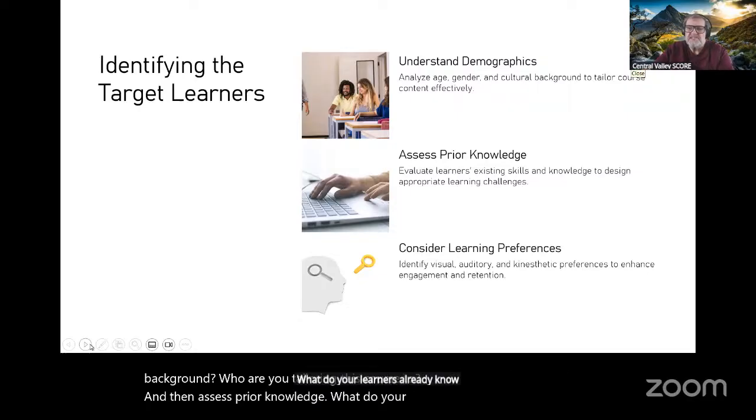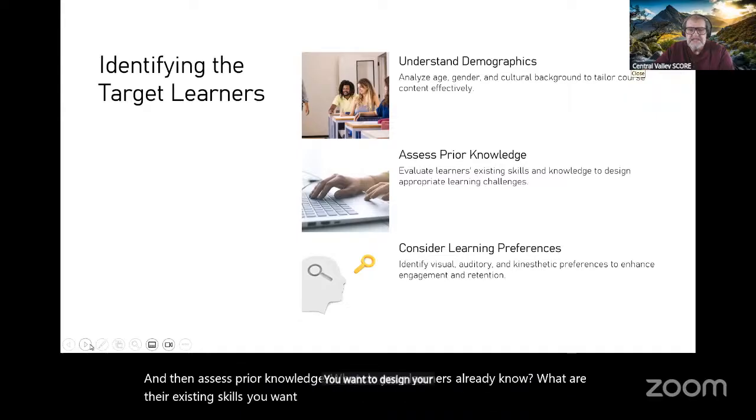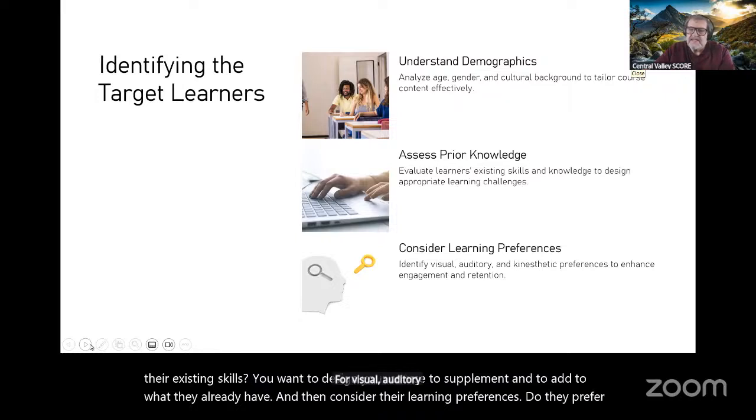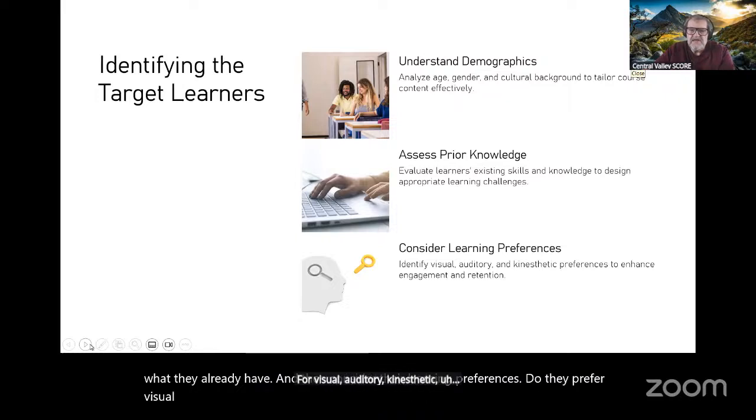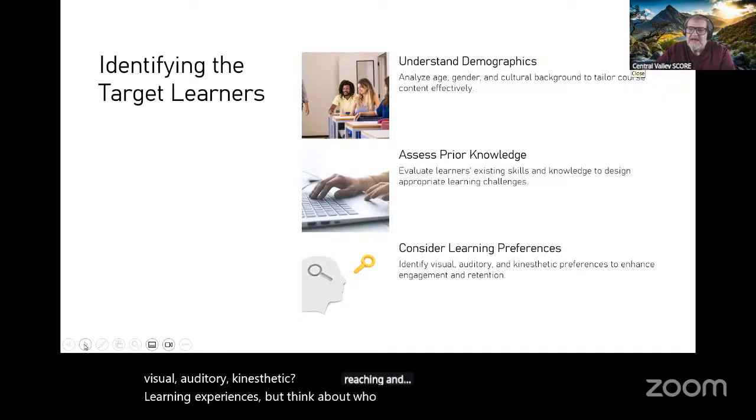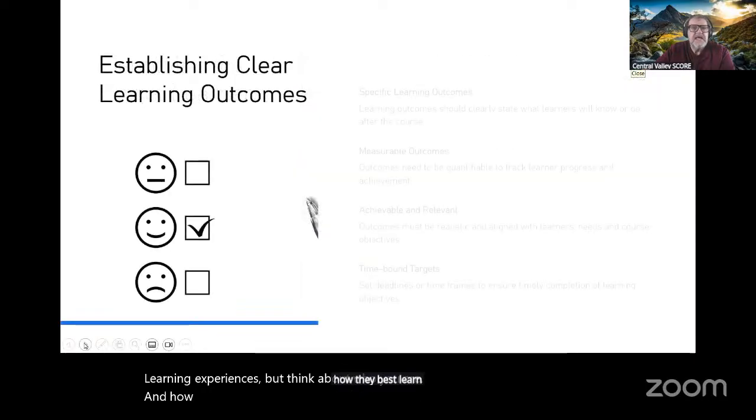What are their existing skills? You want to design your course to supplement and to add to what they already have. And then consider their learning preferences. Do they prefer visual, auditory, kinesthetic learning experiences? But think about who you are reaching and how they best learn.